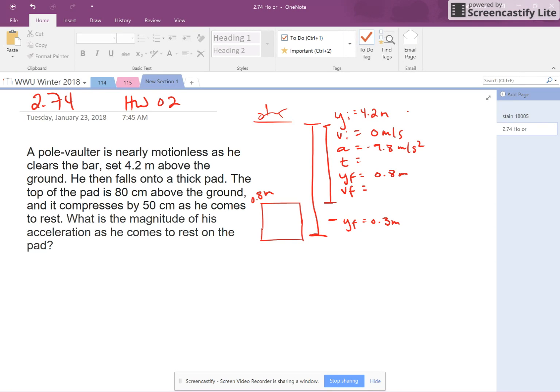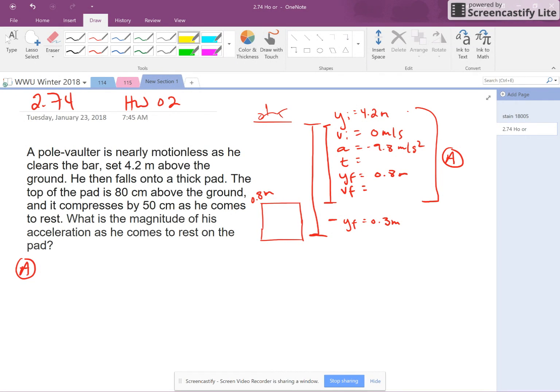So we can solve that piece, and I'll label it as part A. While he's in free fall, the thing we're most interested in is this final velocity, because it will become the initial velocity for while he's being slowed down by the pad.